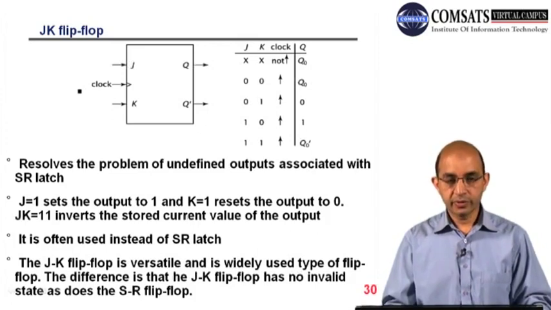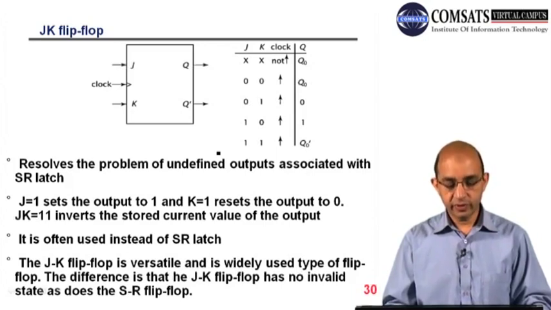We want to use those different conditions in an effective way because they are undefined regarding the RS latch. And the second problem is that we don't have a toggle state, so the transition state. We want to achieve that transition state in order to use it in an effective and efficient way.